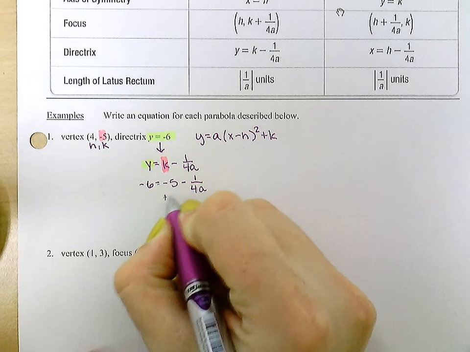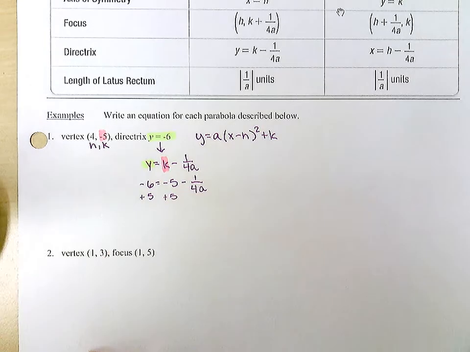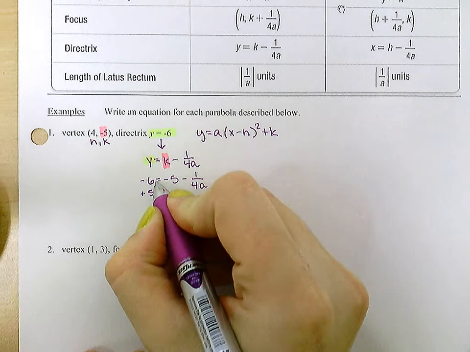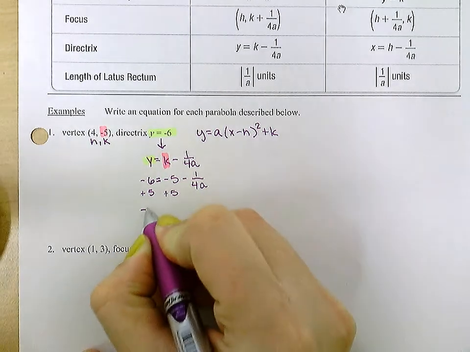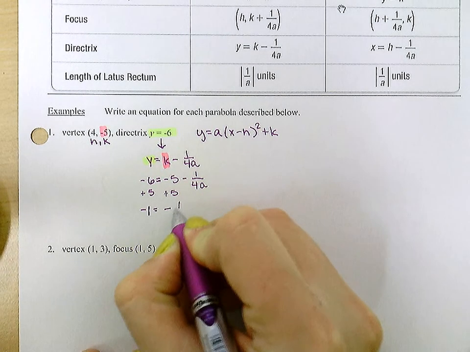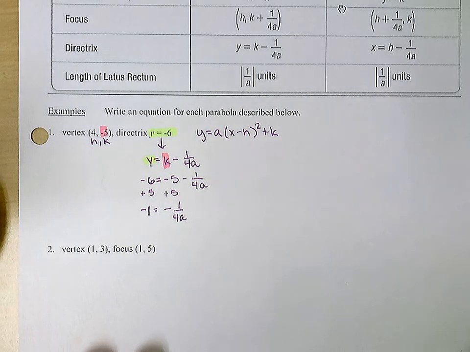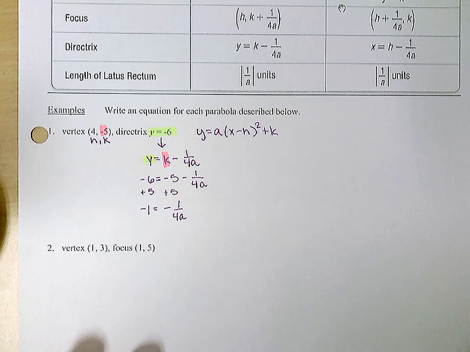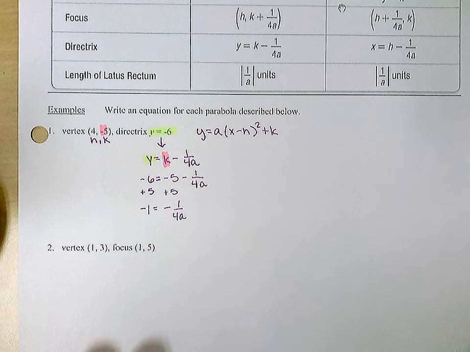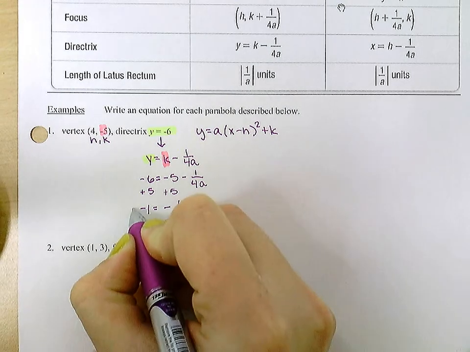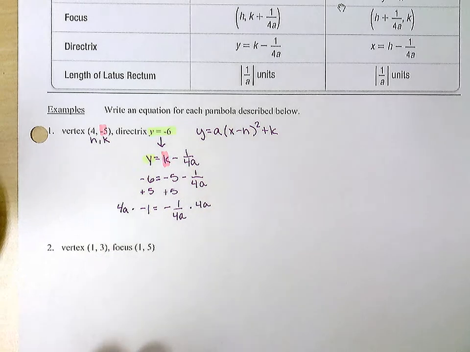So I will add 5 to both sides of that equation. So I have -1 is equal to -1 over 4a. Now to get 4a out of the denominator, I'm going to multiply both sides by 4a.